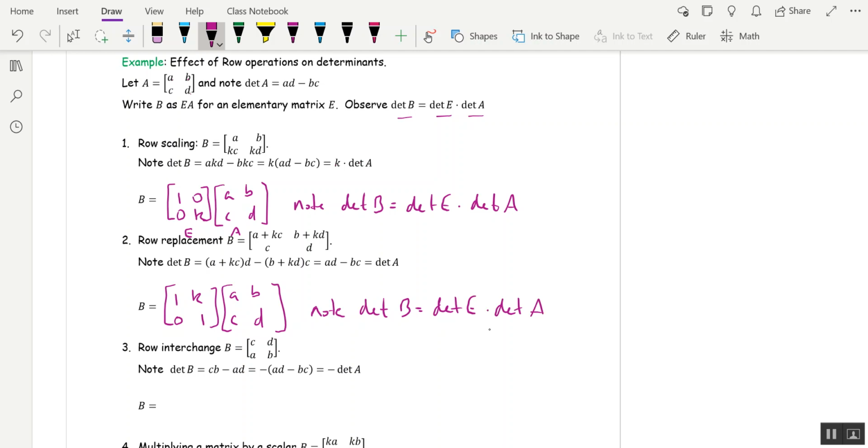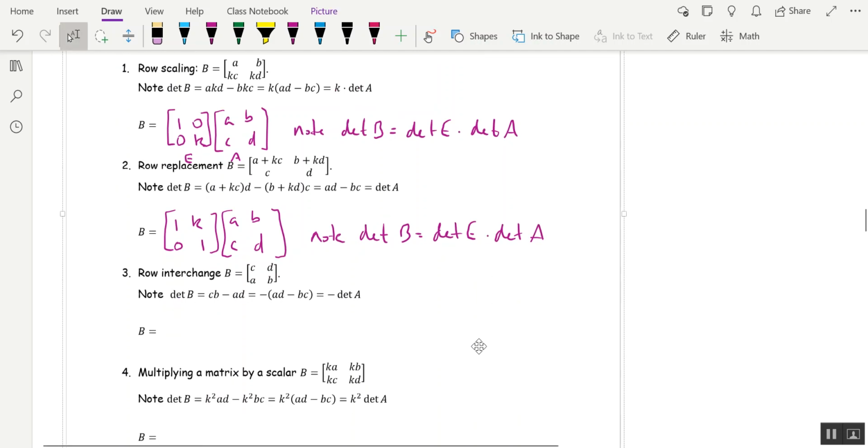All right, finally, swapping. If I want to interchange 2 rows of A and take the determinant, I get negative the determinant of A. If I want to do that by multiplying by an elementary matrix, the elementary matrix will be 0, 1, 1, 0.